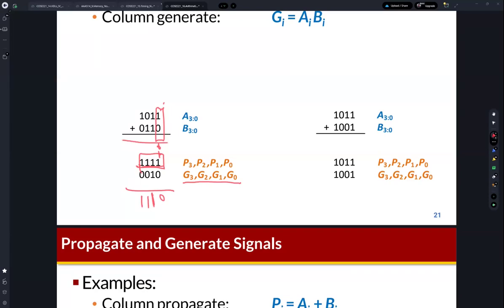In this example, we know that the carry is 0. If we know the previous carry is 0, then by using the propagation and generation property, we can quickly calculate the carry out of this. Why? Because propagation, oh, the 0, then it's 1 actually, because it's generated here.